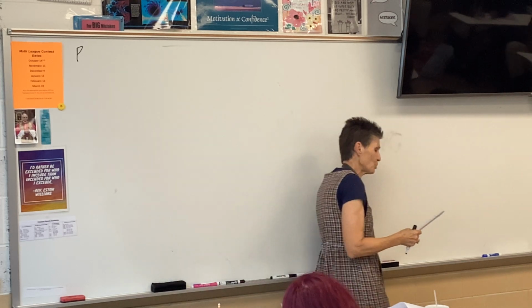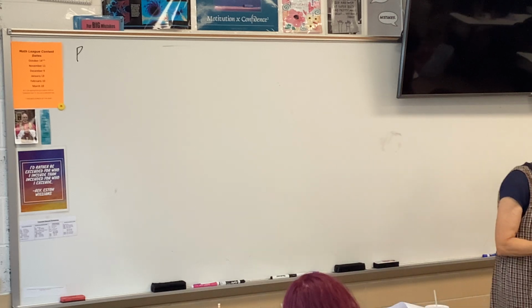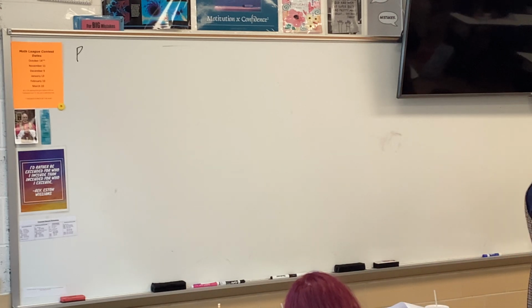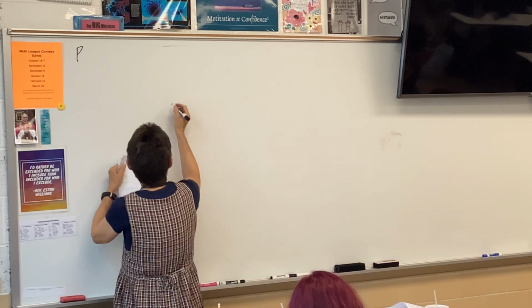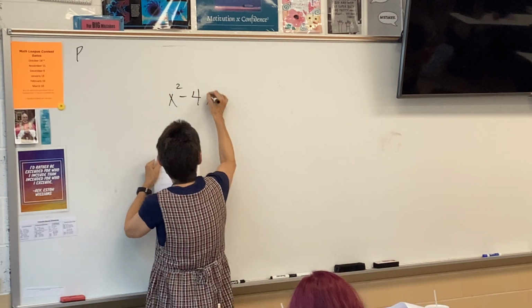Is negative 2 a solution of this equation? Well, the answer is yes or no. What's one way I could figure that out? Plug it in, X. I could plug it in. Now, when you plug it in, be careful.